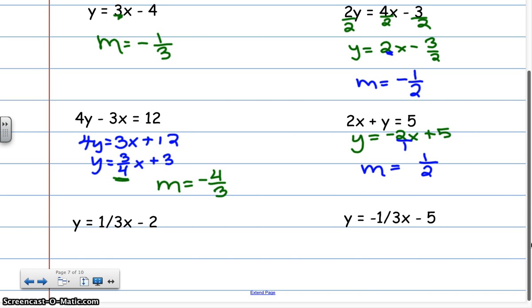And then this 1/3 x, my normal slope is 1/3, so my reciprocal slope would be negative 3 over 1, which is just negative 3. Here my slope is negative 1/3, so my reciprocal slope would be a positive 3 over 1, which is just 3. So again, you flip the numbers, make it the opposite sign, okay?